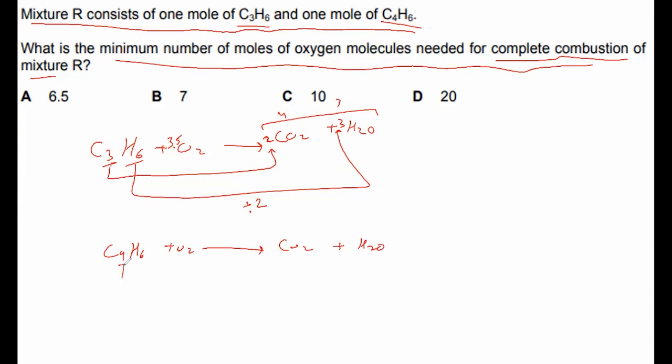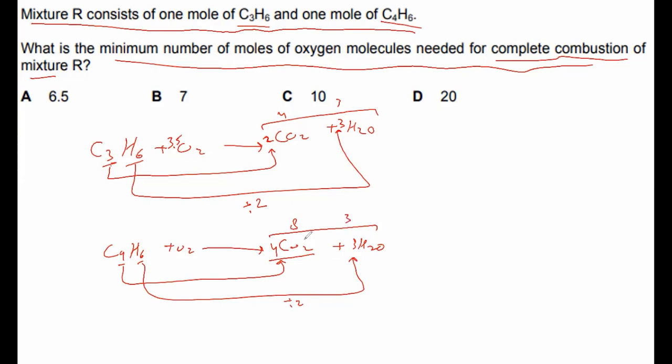The number beside the carbon is multiplied by CO2, and the number of hydrogens divided by 2 gives 3 H2O. So in total we have 8 oxygens here and 3 oxygens here, so 11 in total. Here we have O2, so we say 5.5.